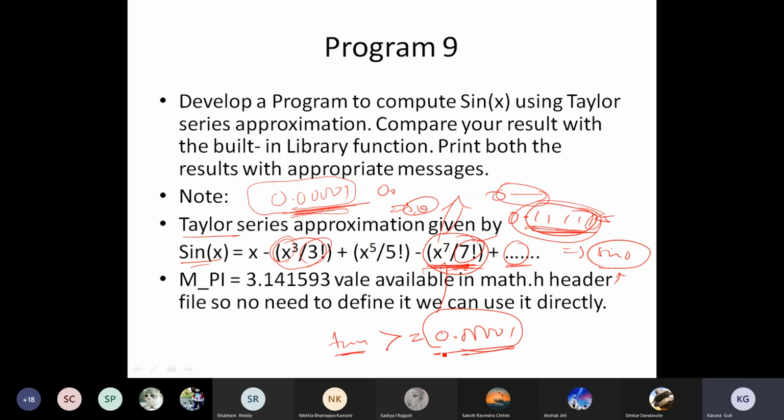Once this particular term becomes lesser than this value, I'm coming out of the loop. This is what we usually do. I hope I'm making it clear.